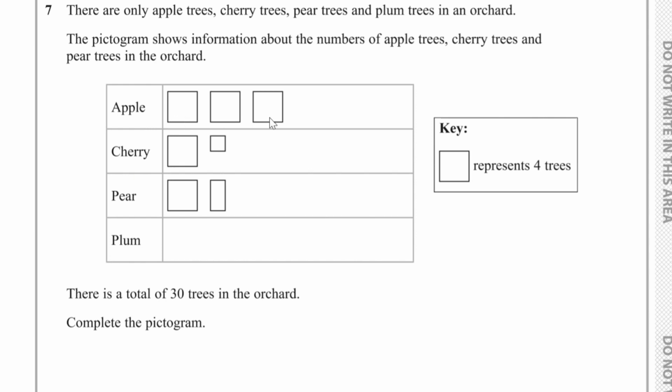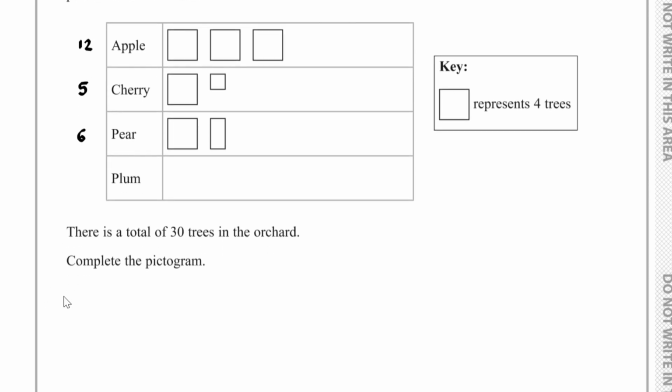Well, let's find out how many apple we have. 4 plus 4 plus 4, that's 12. For cherry, we've got 4 plus 1, which is 5. For pear, we've got 4 plus 2, which is 6. And therefore, for plum, we've got 30 in total.